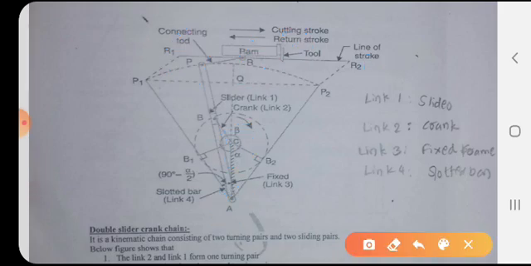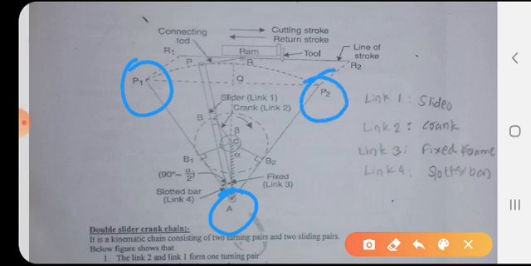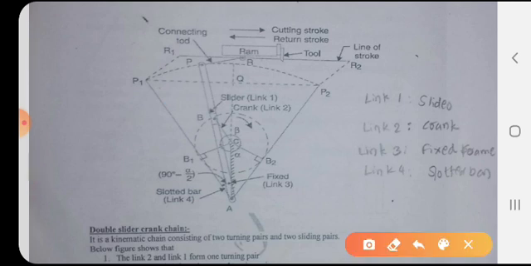The lines AP1 and AP2 are the two tangents to the circle at the extreme positions of the cutting tool. The forward or cutting stroke occurs when the crank rotates from position CB1 to CB2.